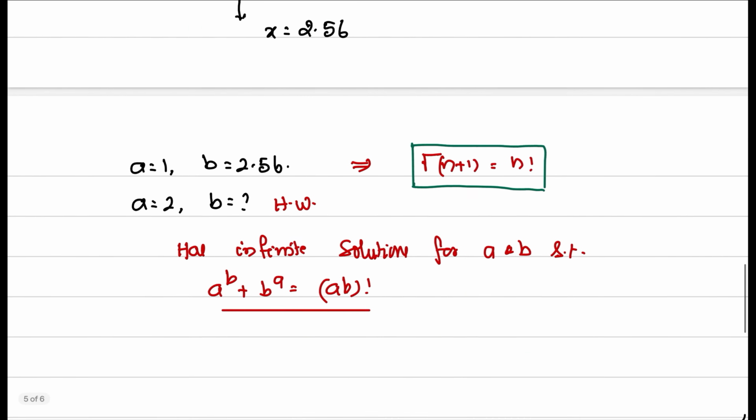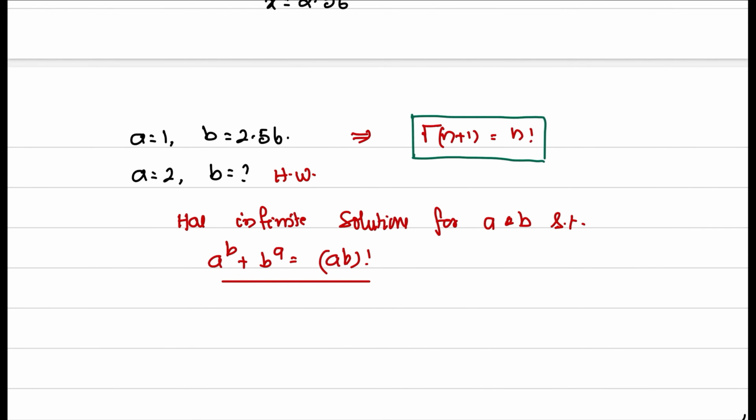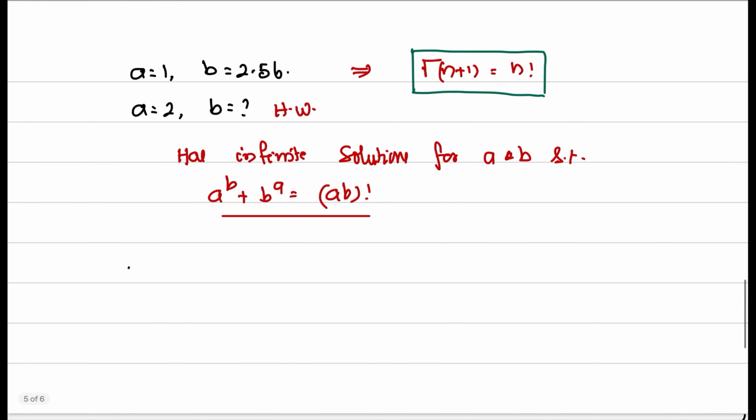For example, if you go for a is equal to b, let us see what happens. a to the power of a, because b I am replacing with a. I am writing that equation in single variable. a to the power of a plus a to the power of a is equal to a into a factorial.